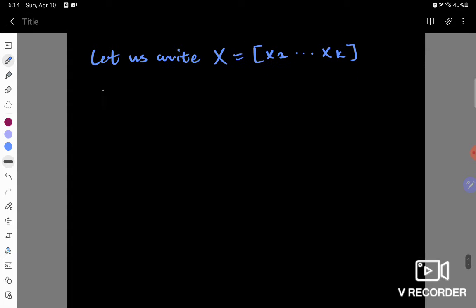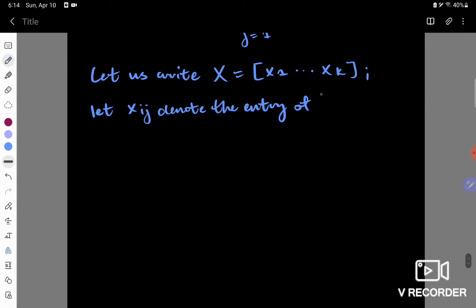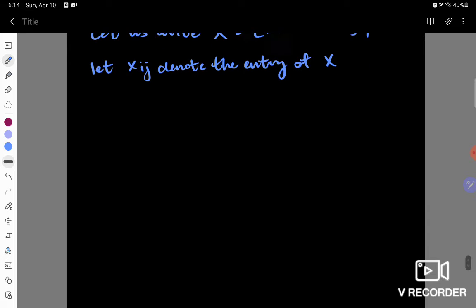And we let x_{ij}, as indices, denote the entry of X in row i and column j, just as matrices are referred to or indexed.